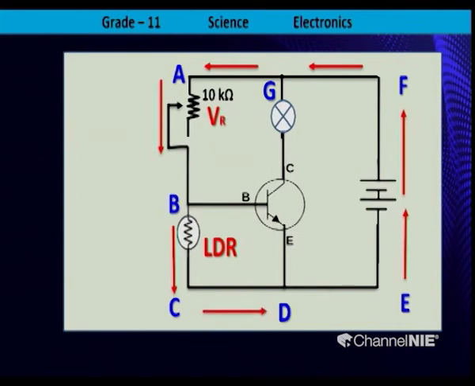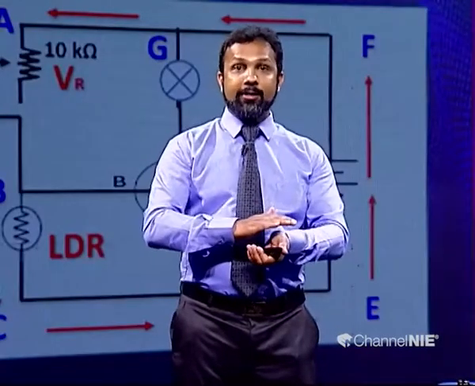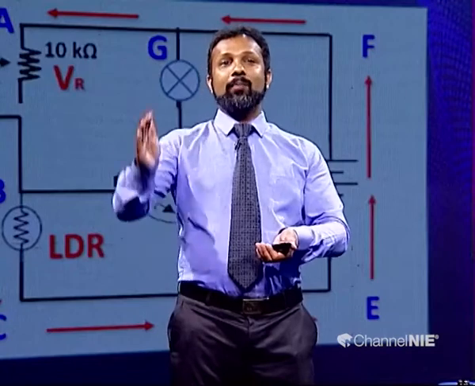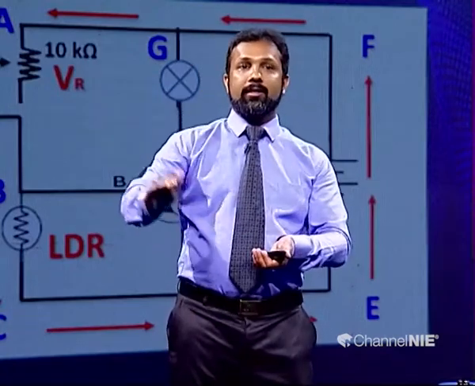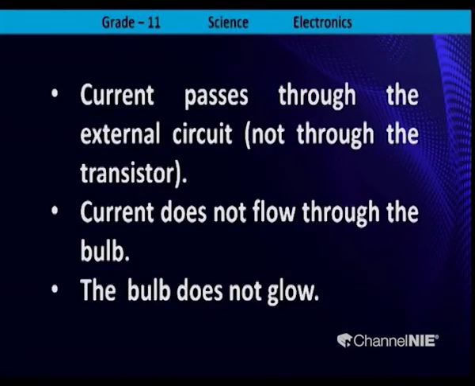Then C to D, D to E, and through the external circuit. That means when light falls on the LDR, current passes through the external circuit, not through the transistor. Current does not flow through the bulb, so the bulb does not glow.